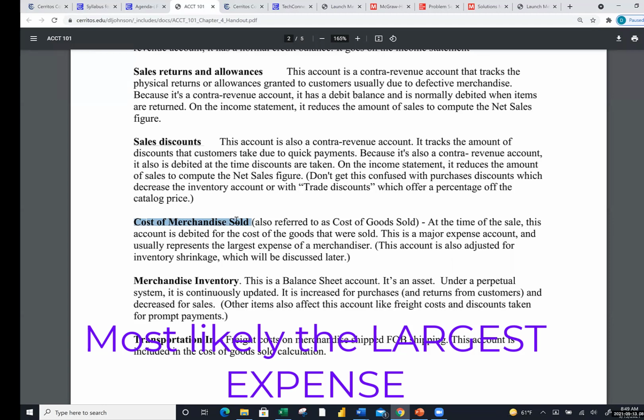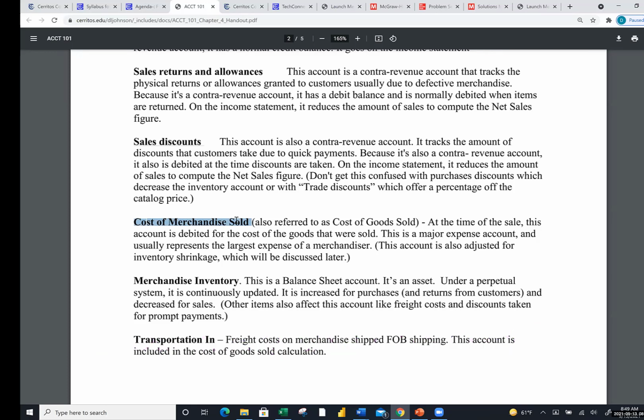The debit to that account will be every time we sell a good. Last semester, when we sold merchandise on account, all we did is we worried about the revenue. We debited accounts receivable and we credited sales. We didn't do anything to the inventory account. That's changing this year. Every time Home Depot makes a sale, there are 2 things recorded.